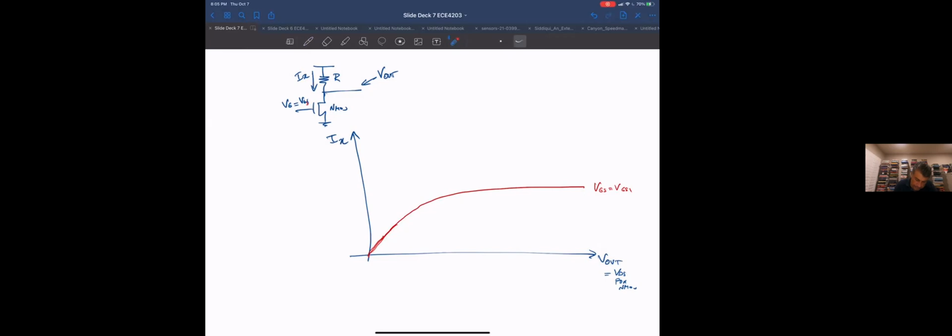Let me draw something, and hopefully it will make more sense. The tricky part is that the direction of the voltages and currents are reversed for the NMOS and the PMOS. For the NMOS, I'm drawing the current like this. But because the resistor is hooked up in this direction, the direction of voltage versus current is reversed. I didn't draw VDD here.